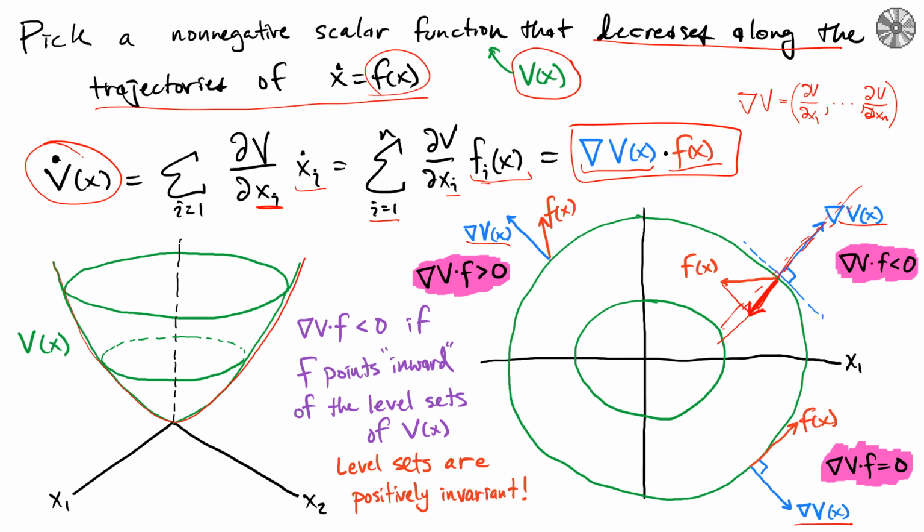And so that is what it means for this to be negative. So this quantity is going to be 0 if they're actually perpendicular, and then it's going to be positive if f also points outside the circle or ellipse of the level sets.